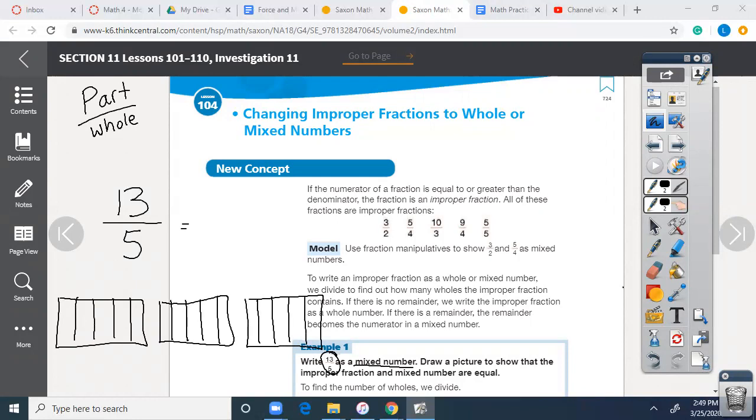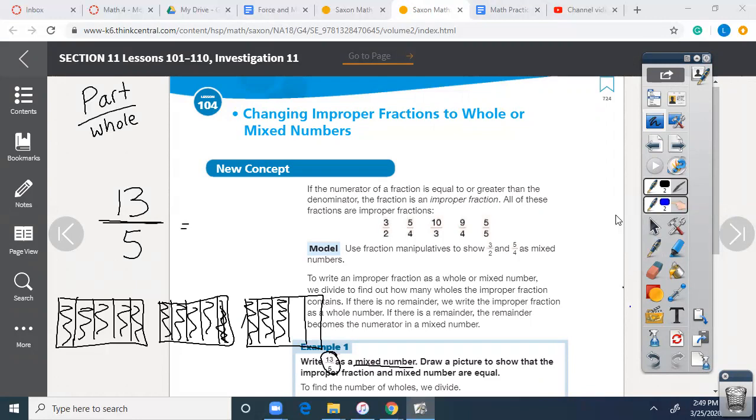So if I fill in 5 of these, 1, 2, 3, 4, 5, that's one whole, right? But I don't just have 5, I have 13. It says I have 13, so we've got 5, 6, 7, 8, 9, 10, 11, 12, 13. So I have 13 out of 5, which means I have more than one whole square, rectangle, whatever we're talking about here. Okay.